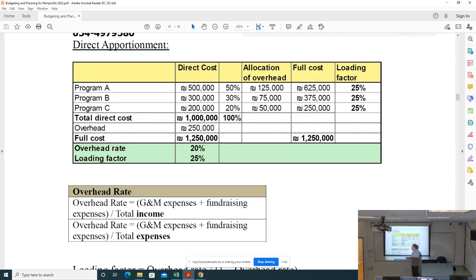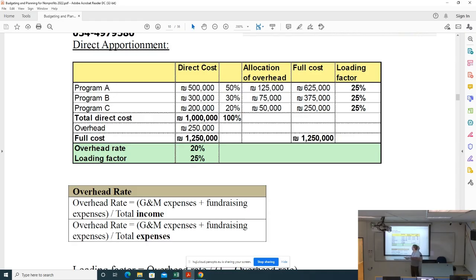So how do we apply the direct apportionment? There are two ways to do that, and we will start with the first and then move to the second. The first way is to look at the total direct cost, which is 1 million shekels. This is the direct cost of the programs. Direct is everything except for overhead.